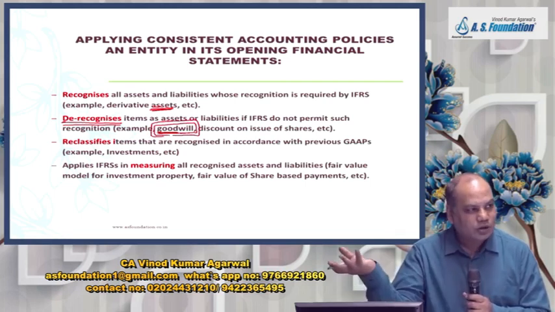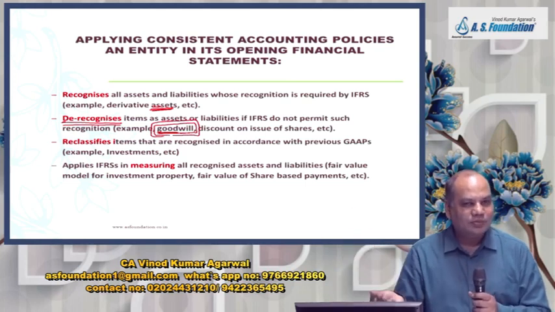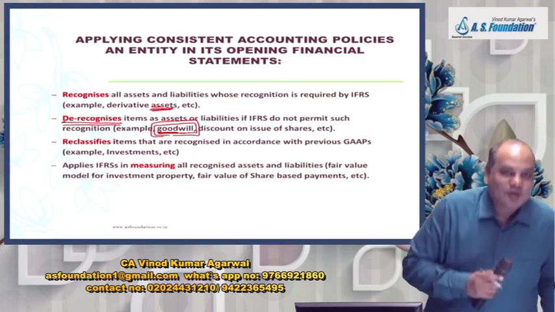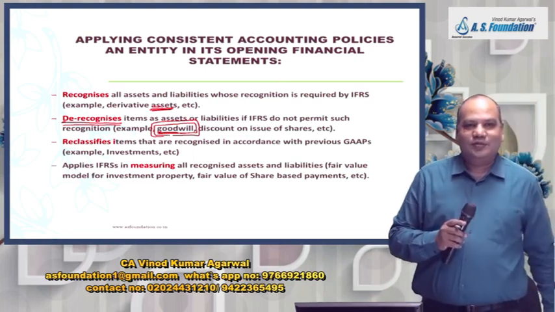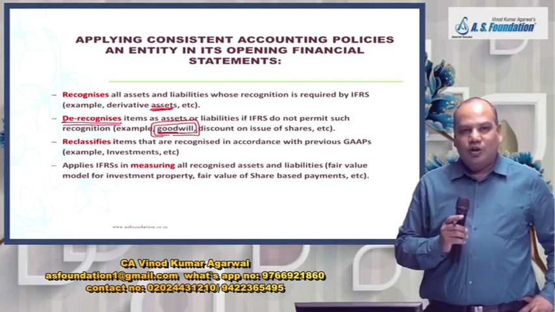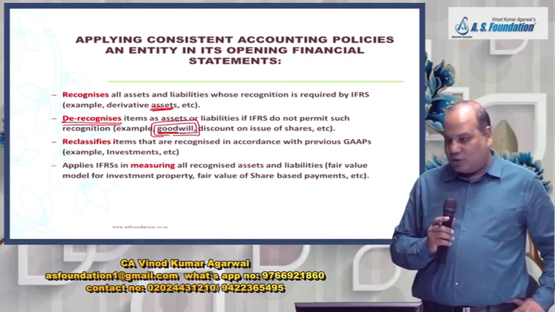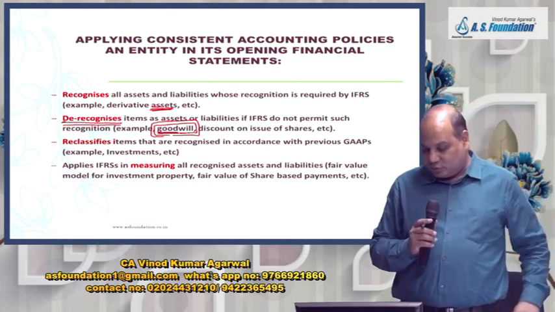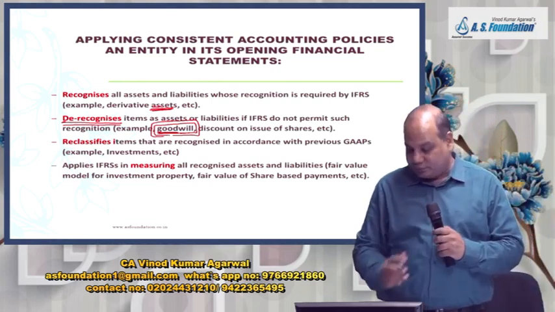You may have just created goodwill on your own under old GAAP, because old GAAP can be anything, right? So you have recognized goodwill. But IFRS does not allow you to recognize goodwill unless it is acquired in a business combination. So then you may have to write it off.